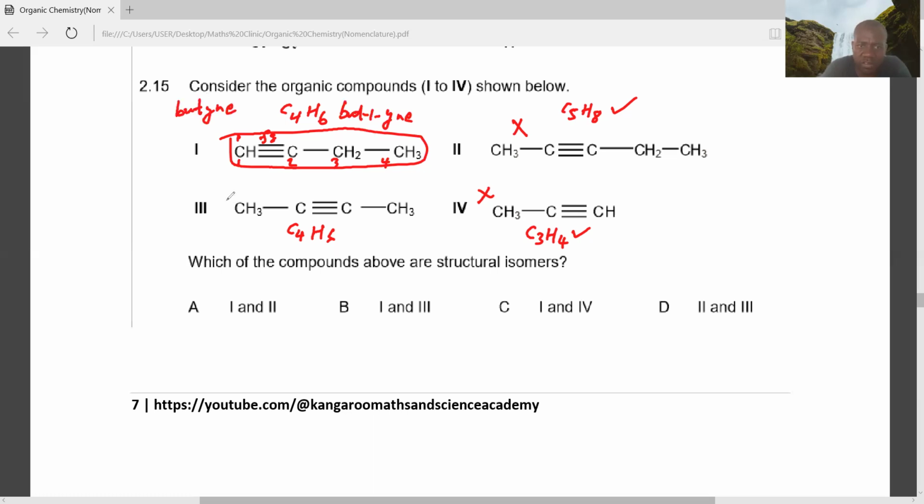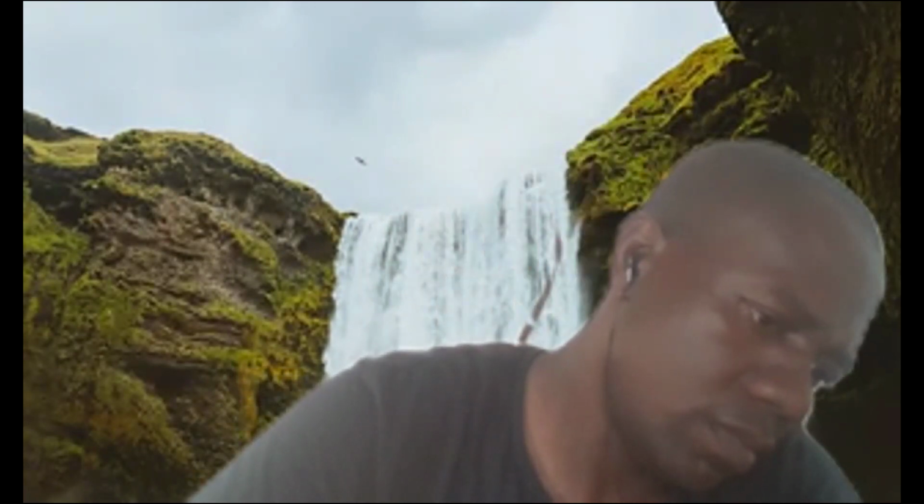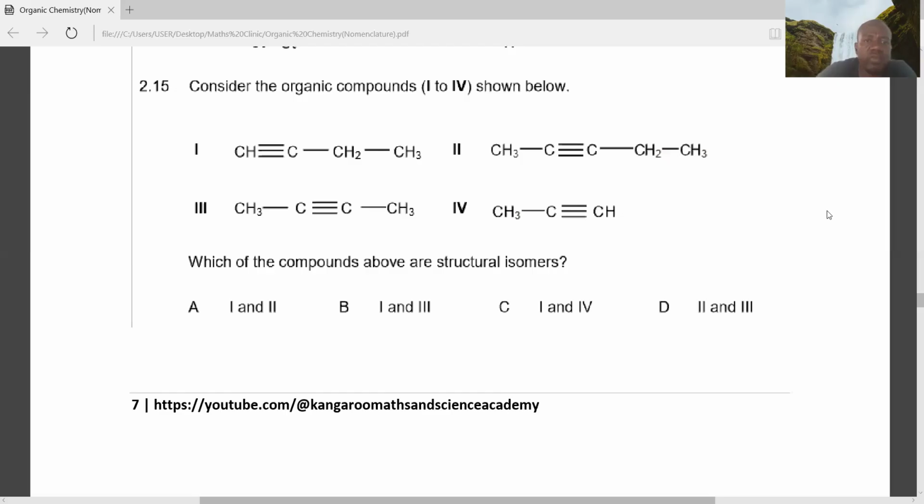And how about this? Choosing the longest chain, the branches are here. Now let's number. As I was saying, the answer here would be 1 and 3, because their naming will change.